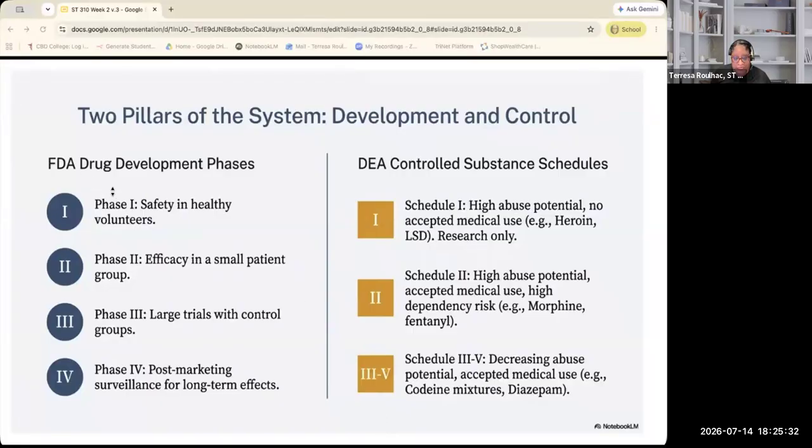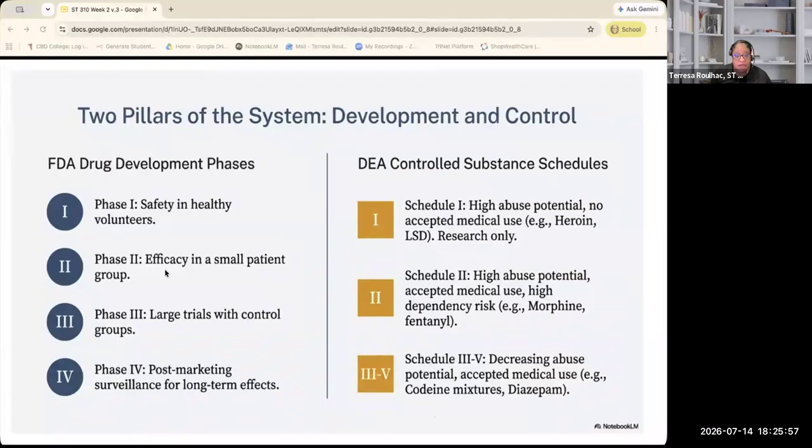More importantly, look at how many phases of drug development as opposed to controlled substances. I want you to remember the purpose. The system exists to help reduce risk and protect the patient.